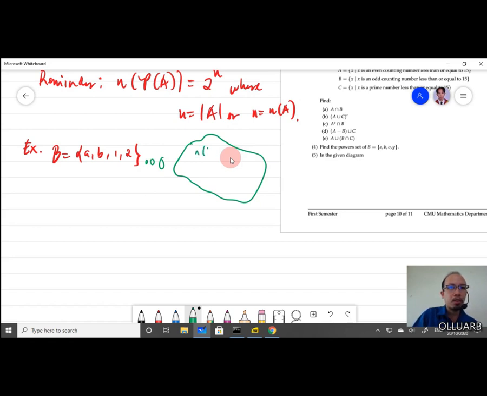So n of B is 4. Therefore the cardinality of the power set of B is 2 to the 4, which is 16. So there are 16 elements of the power set of B.